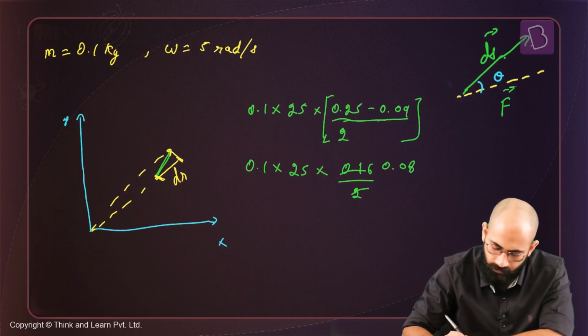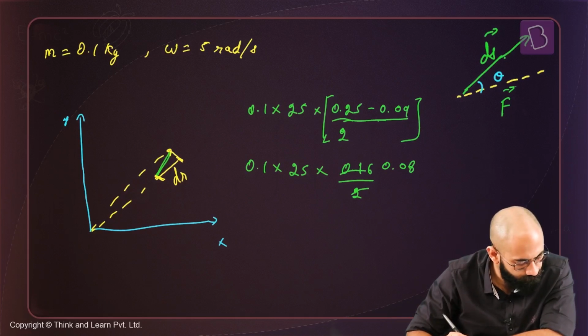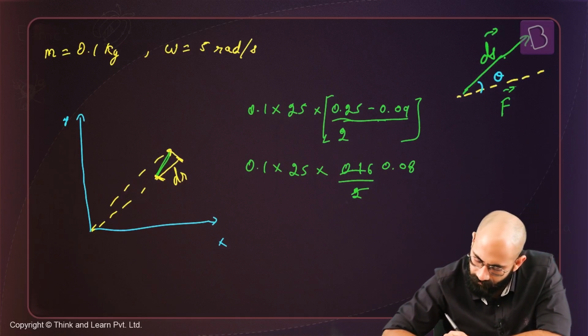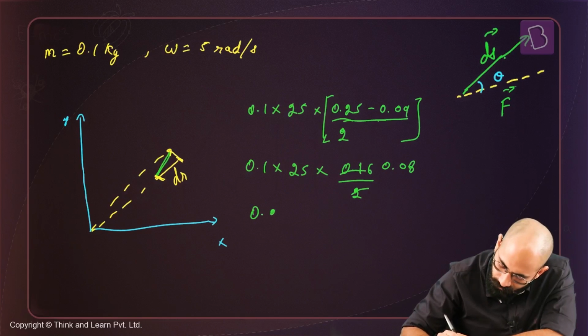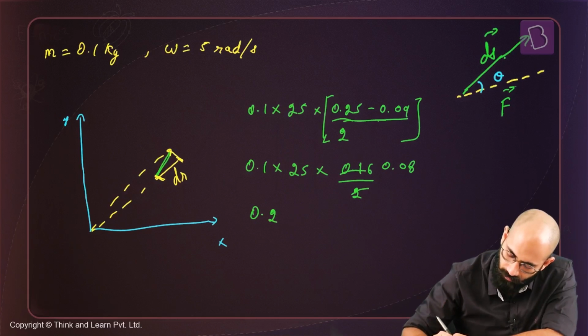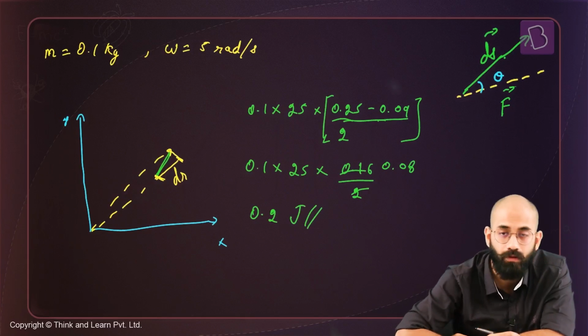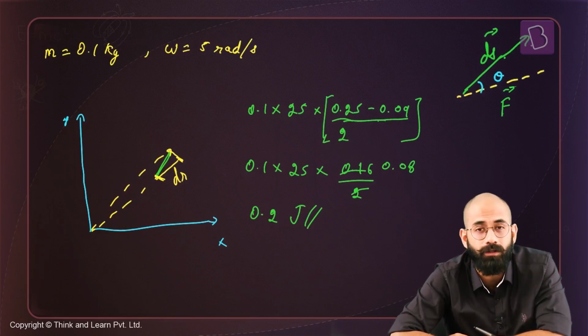Okay. Finally, if I multiply all this, what do I get? I'll get 25 into 0.08 into 0.1. So finally, I'll get 0.2. So this is the final total work done.